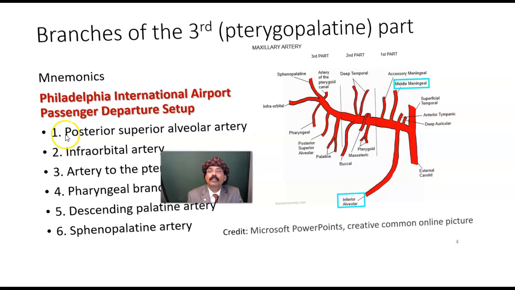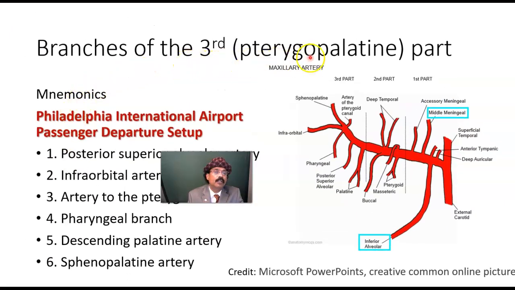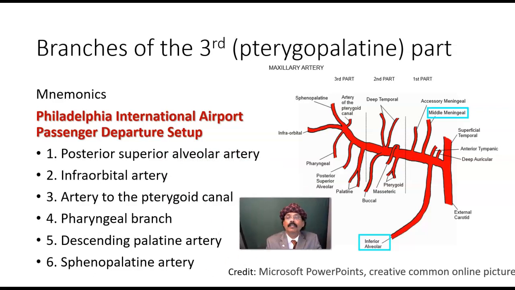Then the branches of the third, or pterygopalatine, part of the maxillary artery. Our mnemonic: Philadelphia International Airport passenger departure setup. Philadelphia, P, the posterior superior alveolar artery.